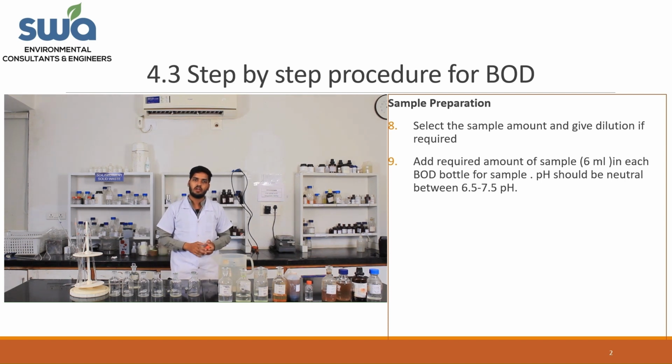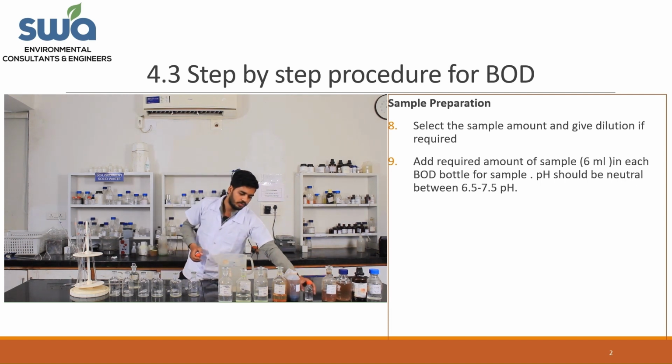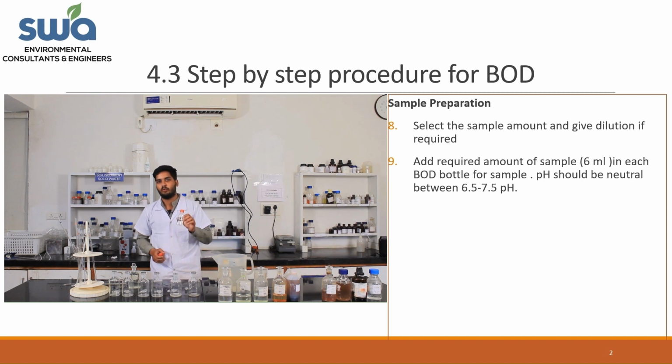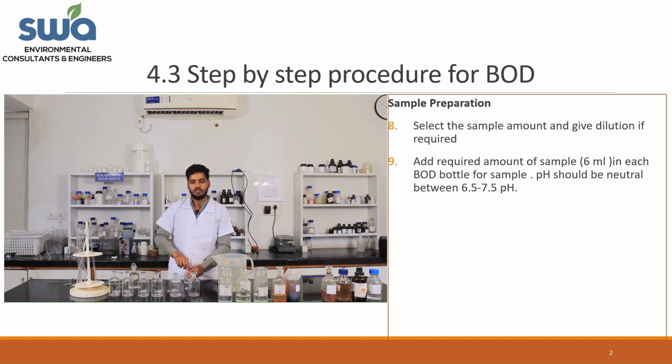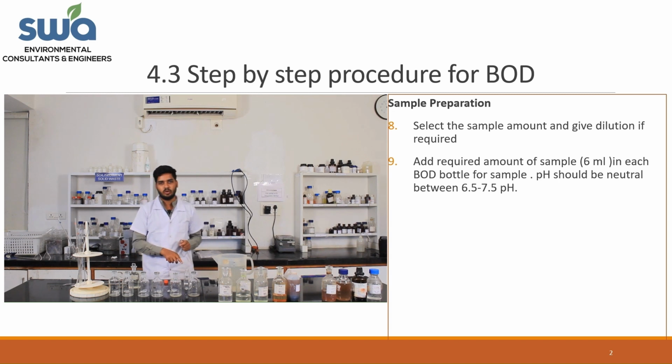Now we will add a standard solution of biological oxygen demand of known value. This solution has a BOD of 200 milligram per liter. We will add 6 ml of this in another 2 bottles. The reason for putting this solution with the sample is to validate the method and to achieve accuracy.